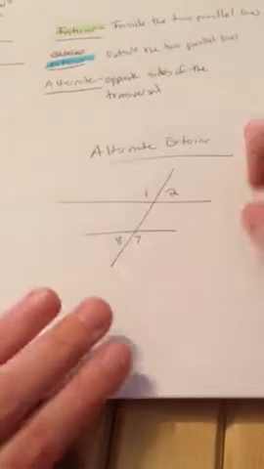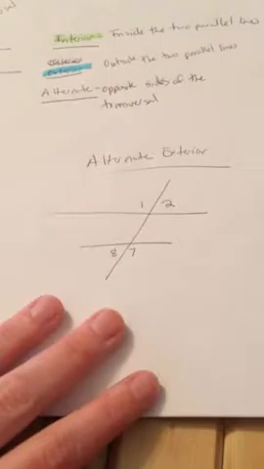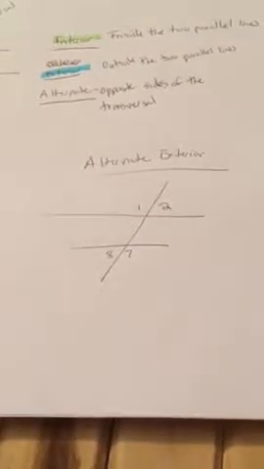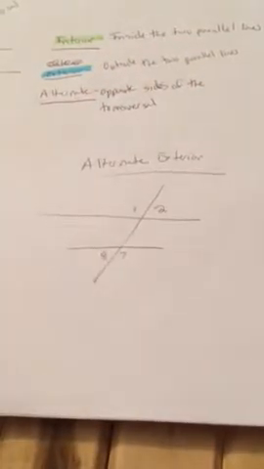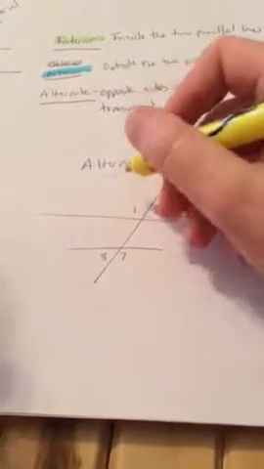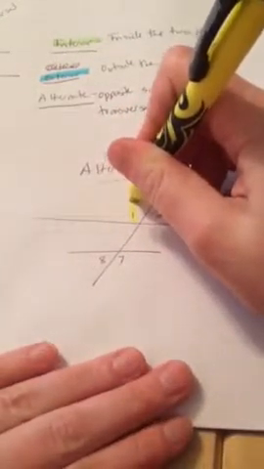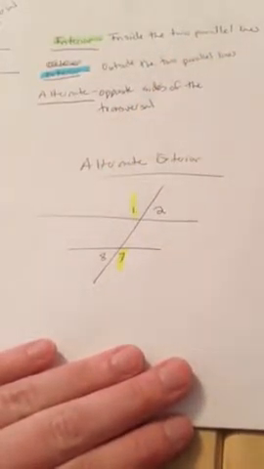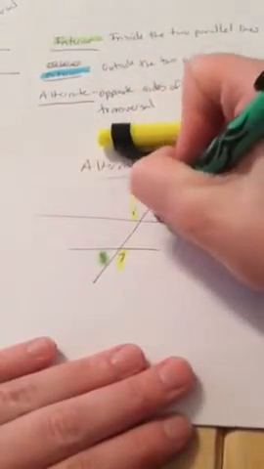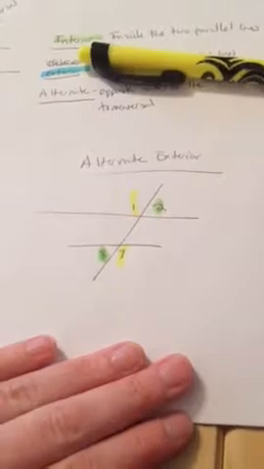Now, alternate exterior. Again, I've drawn my picture and I've only labeled the points that I'm actually going to use here. Again, alternate means on opposite sides of the transversal. So angle 1 and angle 7, and angle 8 and angle 2, are alternate exterior angles.